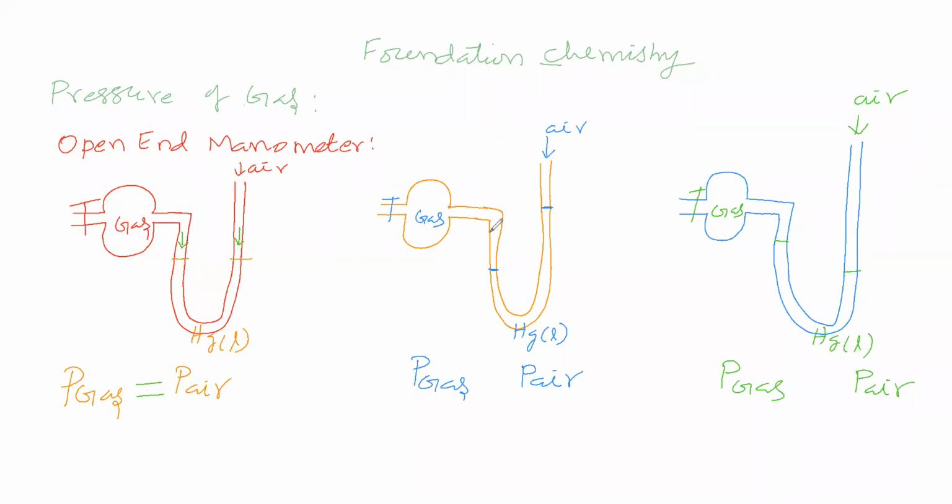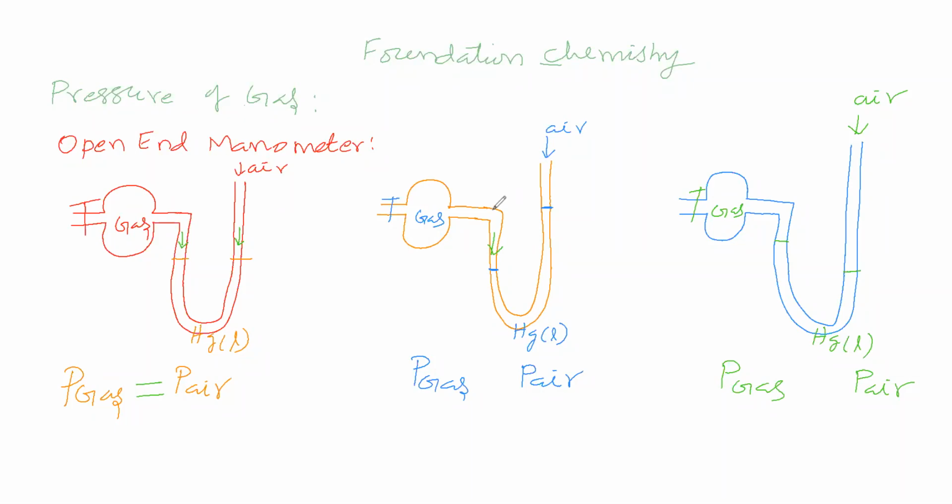Now we will take this one. This gas pushes the mercury down like this, and this air pushes the mercury down like this. Here the mercury level is down in the left limb and up in the right limb. That means pressure exerted by both is not equal.